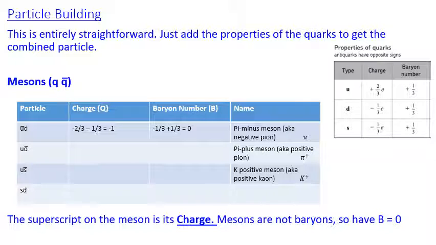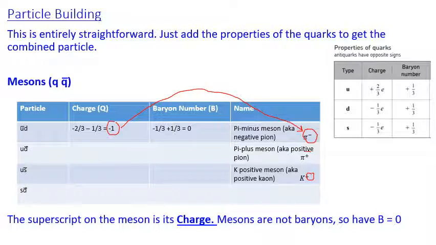We then use a superscript above the label pi or k, and that denotes the charge of our meson. So we worked out that this was -1, so that -1 is used in the name.